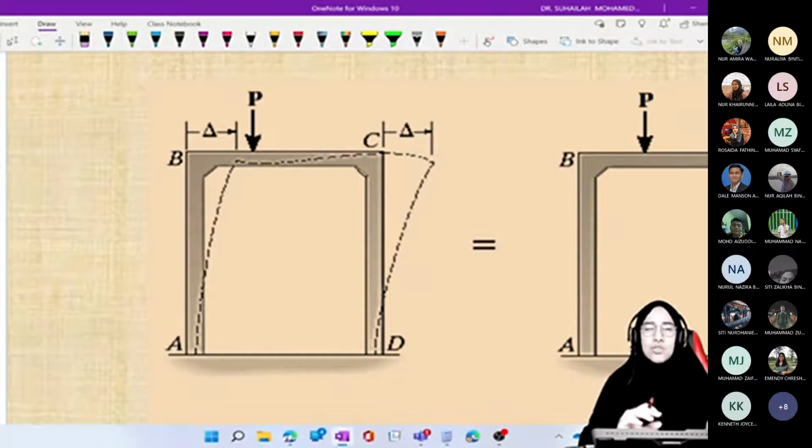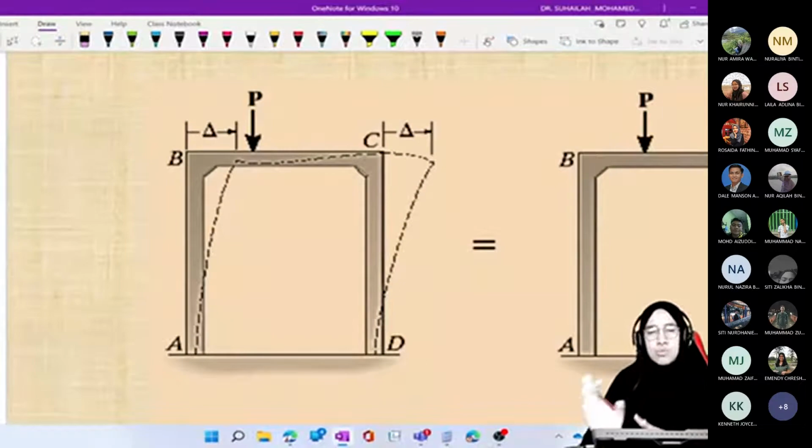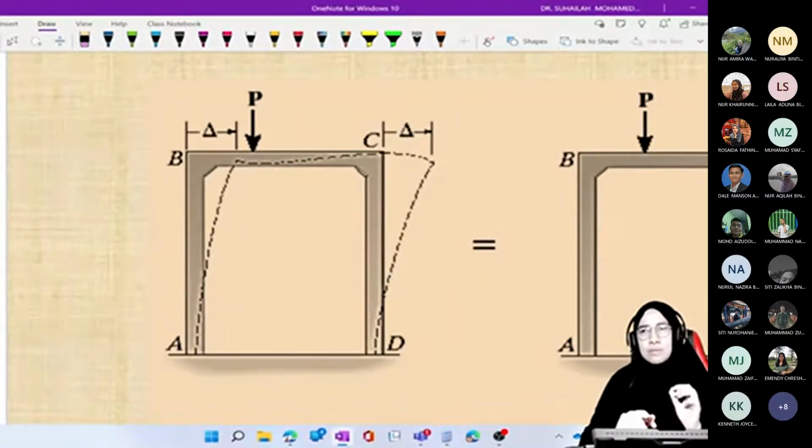Sidesway to the right or to the left will depend on the loading. However, in the analysis we can assume either the right or the left direction. But be careful with the assumed direction, because this will give the sign for the FEM.